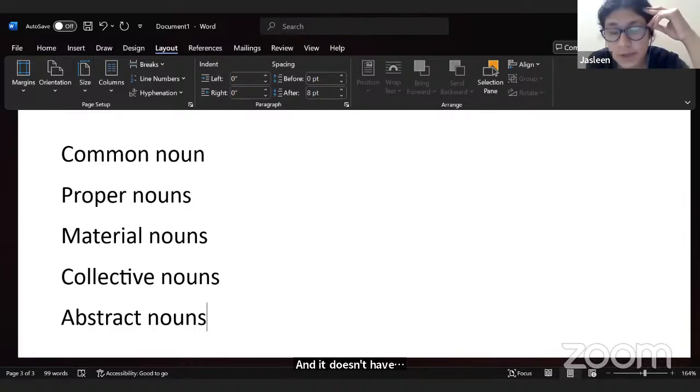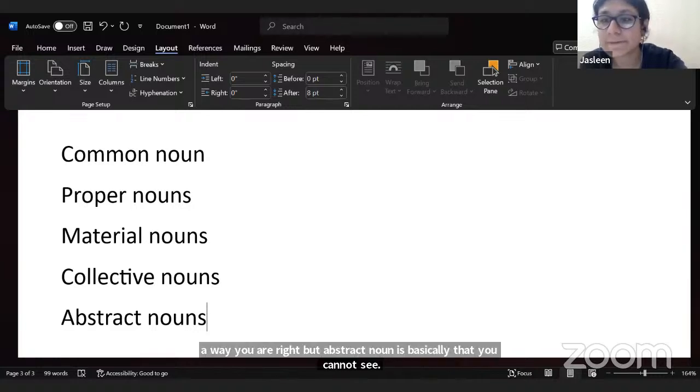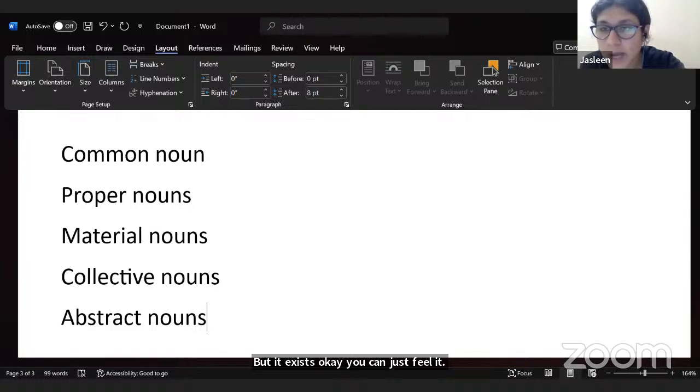Okay. In a way, you are right, but an abstract noun is basically something that you cannot see, but it exists. You can just feel it. Do you know the opposite of abstract? Concrete. Concrete is something that you can touch and feel, abstract is something that you cannot touch and feel. So abstract nouns are something like happiness, sadness, loneliness, honesty, punctuality. All these are abstract nouns.